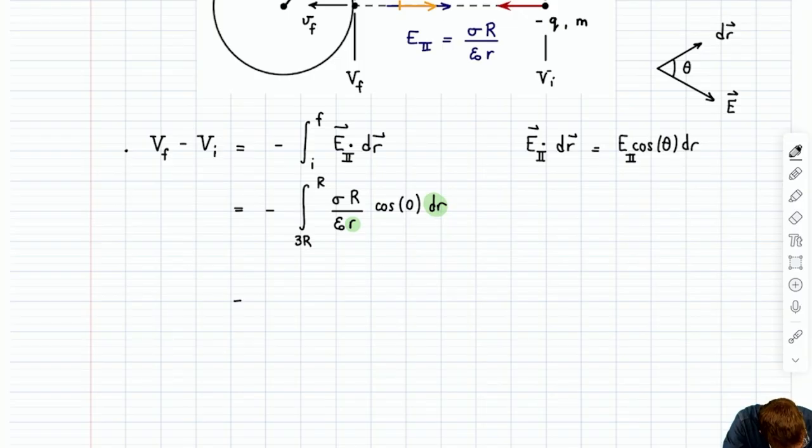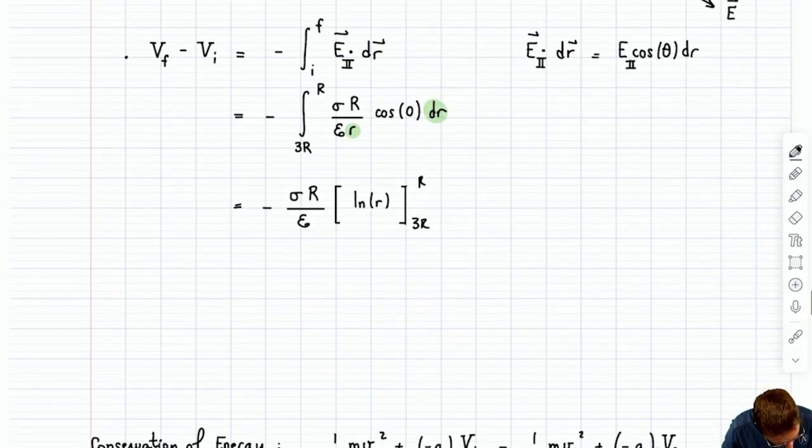So then this is going to be, integrals don't care about constants, so minus sigma r over epsilon naught. You're integrating dr over r. The antiderivative of that is natural log of r between 3r and r.